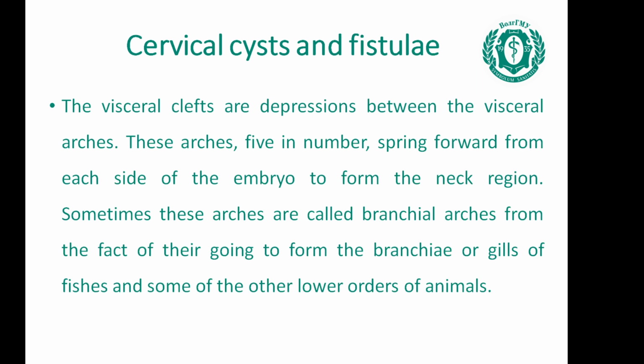The visceral clefts are depressions between the visceral arches. These arches, 5 in number, spring forward from each side of the embryo to form the neck region. Sometimes these arches are called branchial arches from the fact that they are going to form the branchia or gills of fishes and some of the other lower orders of animals.